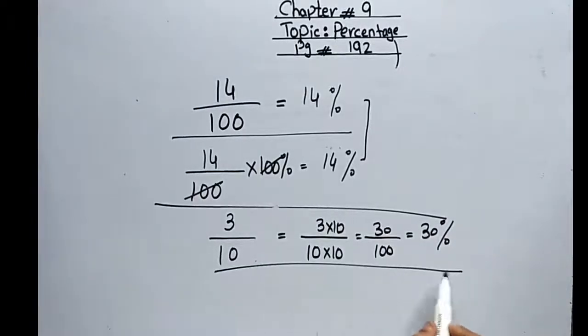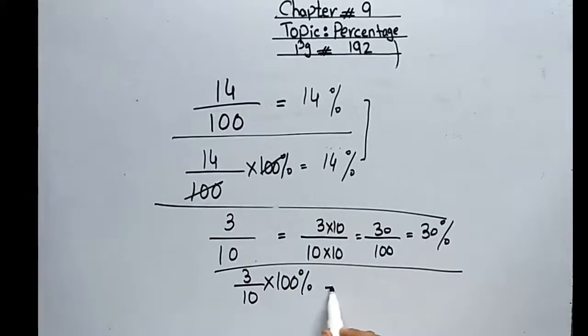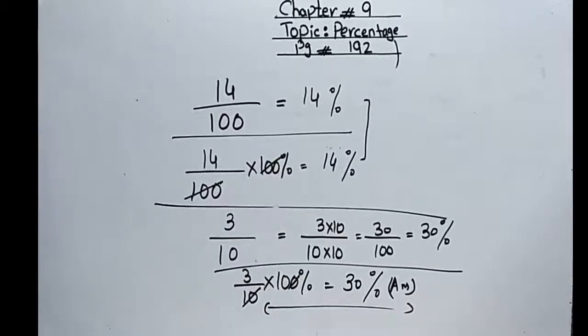Yes. And according to the second method, as I told you, when we find the percentage of any number, we multiply directly by 100%. So 10 cancels with the 100, and just 10 is left here. 10 multiplied by 3 is 30. And this is your final answer. Got it, beta?